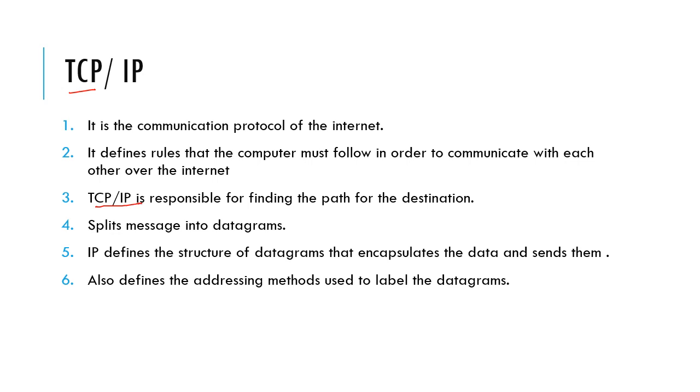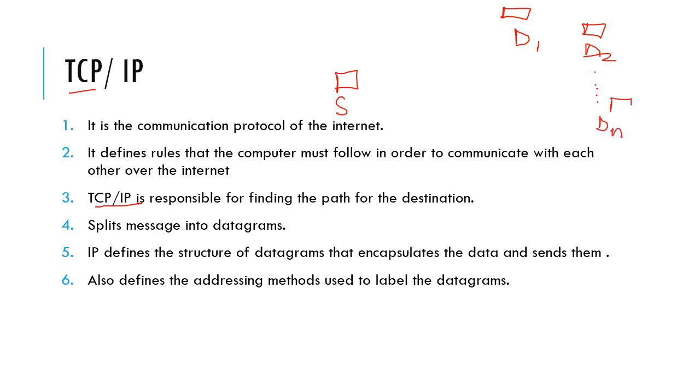TCP/IP is responsible for finding the path for the destination. So there is a source from where you have requested a file, and then there are so many destinations. Destinations can be as many as the websites, D1, D2, and so on to DN.